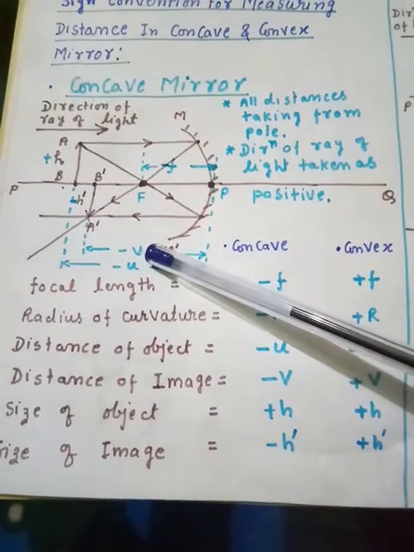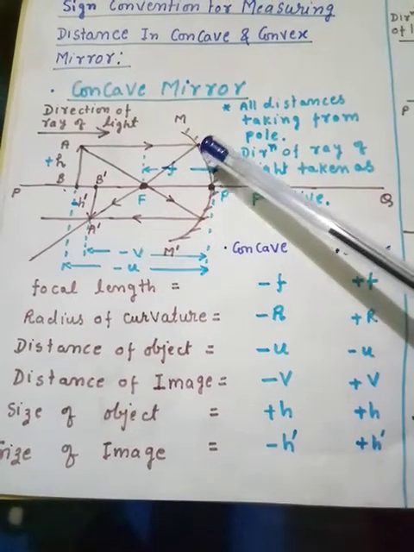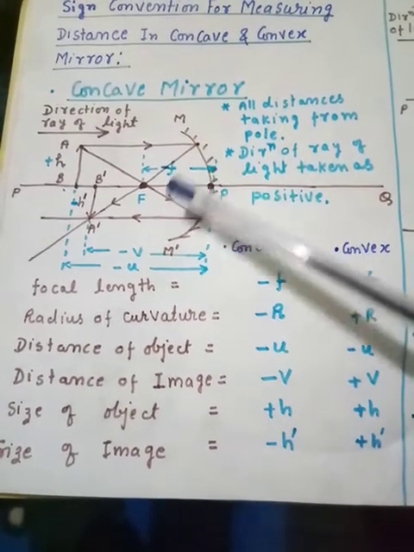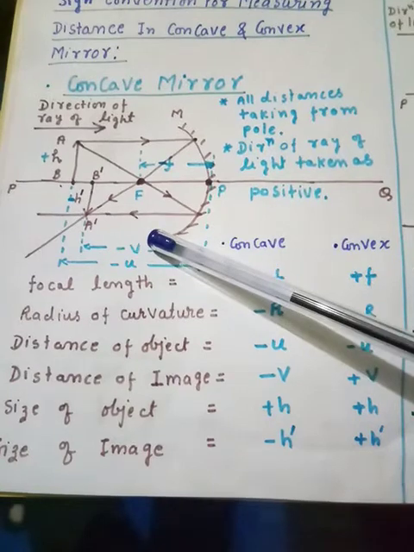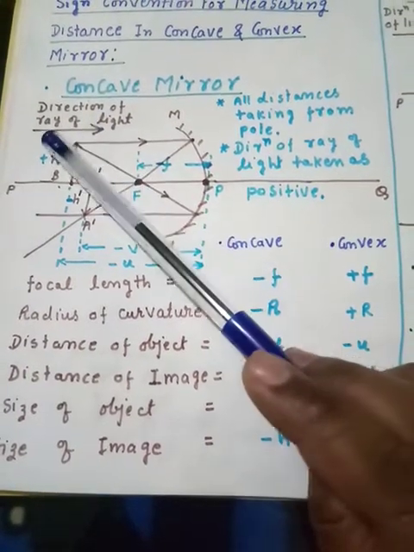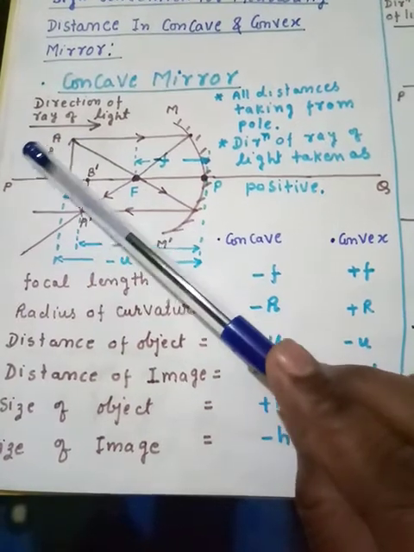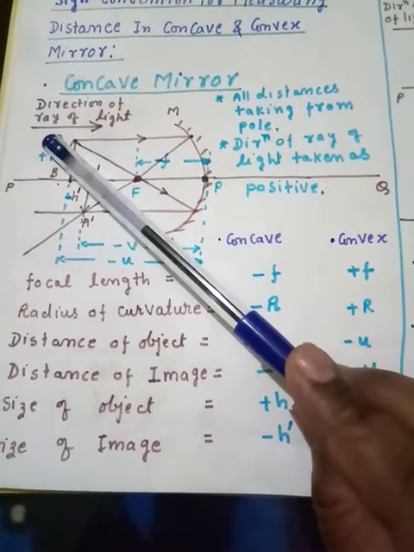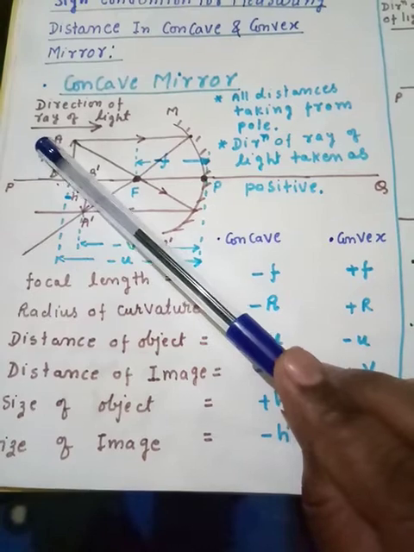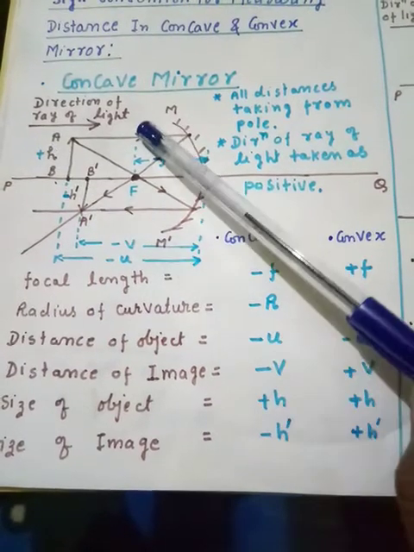Now let's see how we give a sign to these parameters like focal length, U and V. This is the direction of a ray of light. If it is not given in a problem, we always consider that a ray of light is coming from left side to right side.